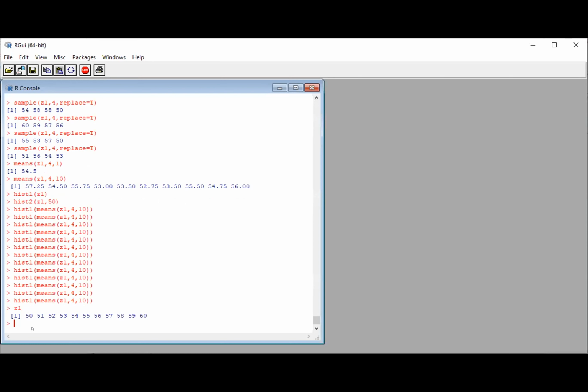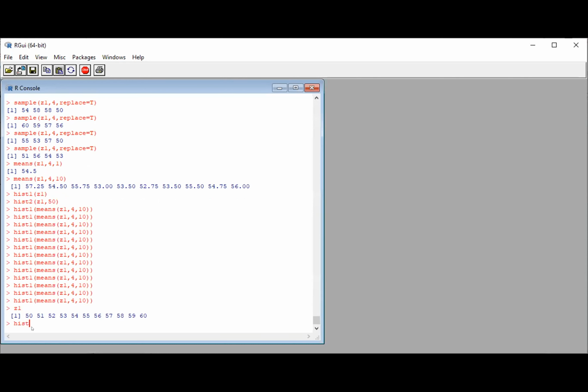It's just a list of numbers from 50 to 60. And I'm assuming that these are the values in my population and they are distributed normally. So I can draw its probability distribution graph, which you can see on the screen. So these values are there and each one of them is equally likely.